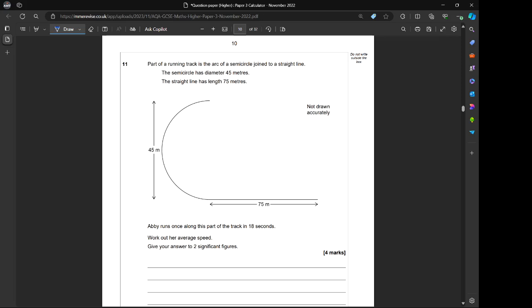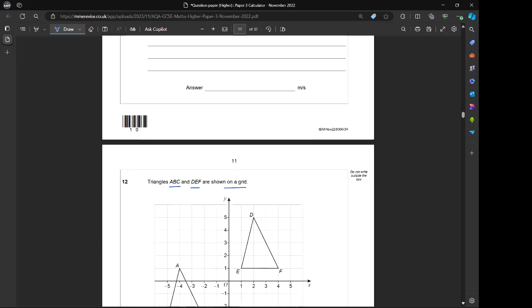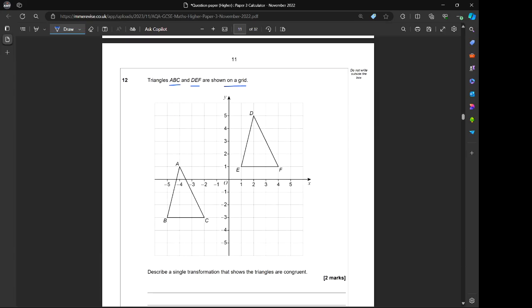Some questions require the actual paper to be printed, so it's a bit trickier. Let us do 12 first, and then we'll come back to it. Triangles ABC and DEF are shown on a grid. Describe a single transformation that shows the triangles are congruent.